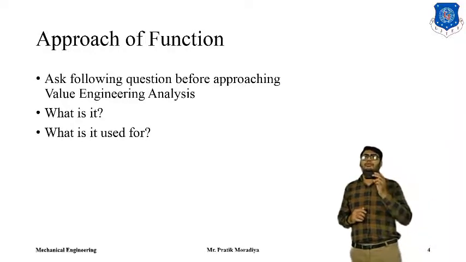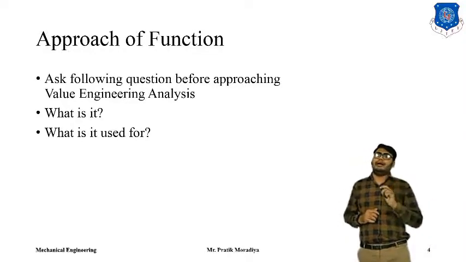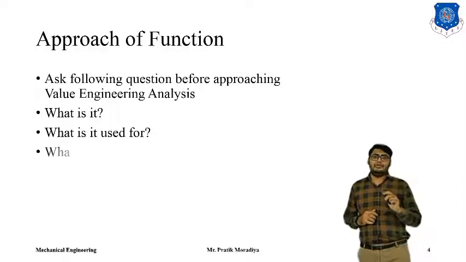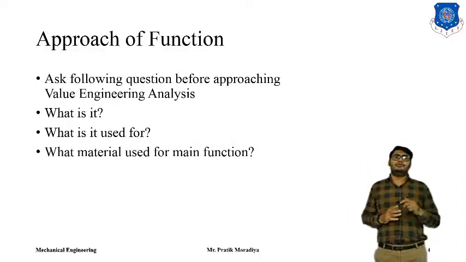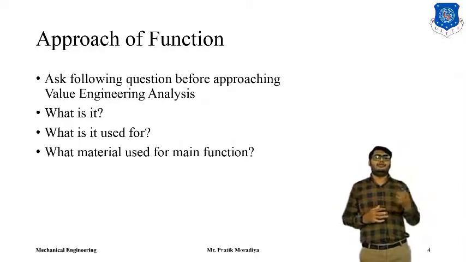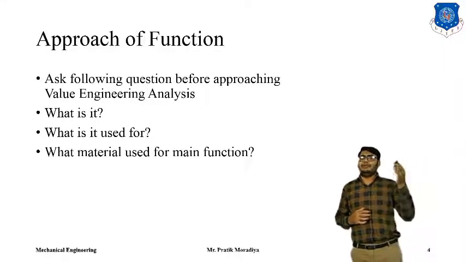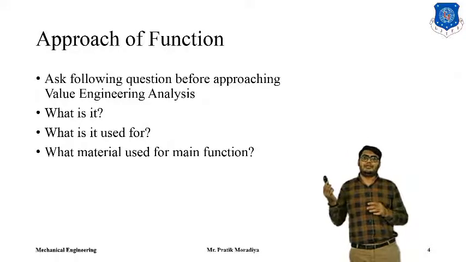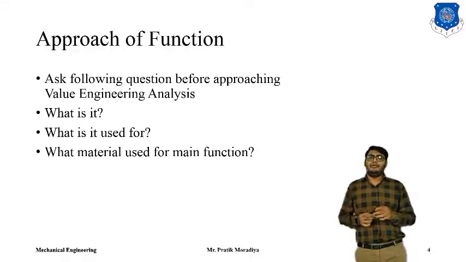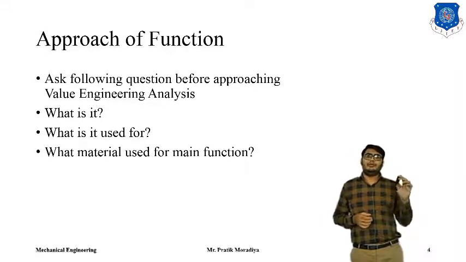What is it? This is a pointer. This is a wireless pointer, to be precise. What is it used for? It is used for changing the slides during the presentation. Correct? This is the wireless pointer. What material is used for the main function?